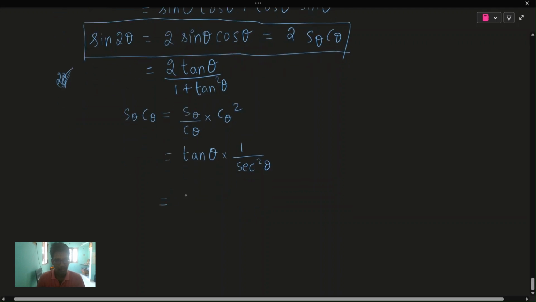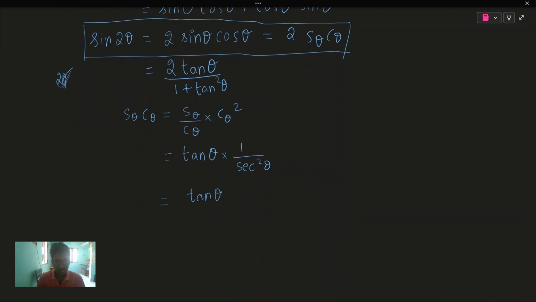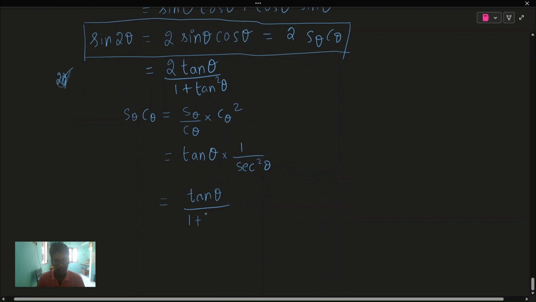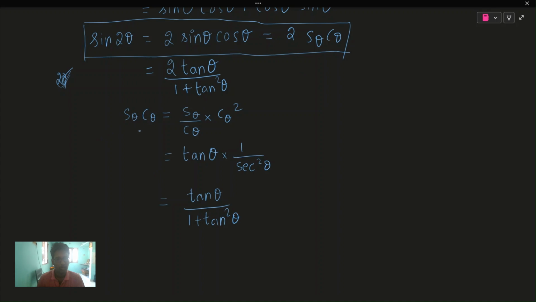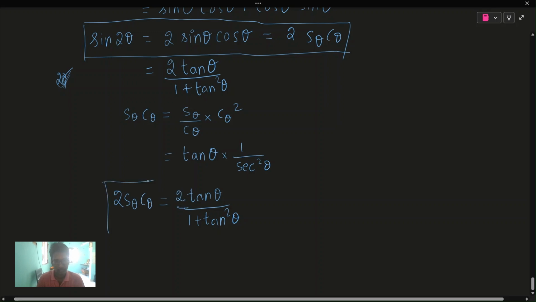So tan theta divided by secant square can be written as tan theta divided by 1 plus tan square theta. So in order to get 2 sine theta cos theta, we have to multiply 2 on both sides. So 2 sine theta cos theta equals 2 tan theta divided by 1 plus tan square theta. Hence, this is also equal to sine 2 theta.